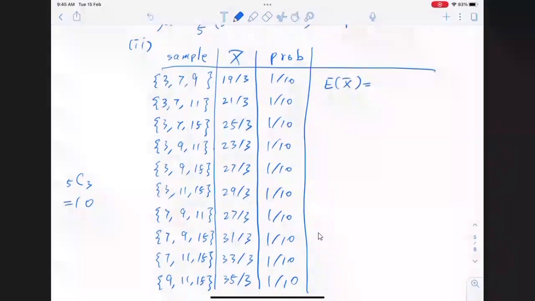So how can we get the expectation of the sample mean based on these numbers? We multiply each possible value by the corresponding probability, and then do it for all the possible values and add them up.